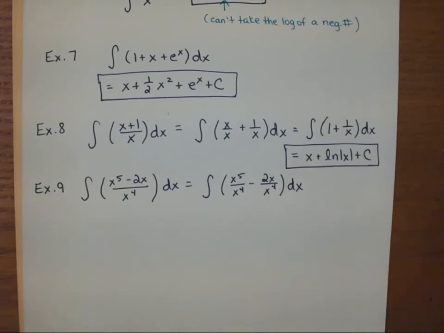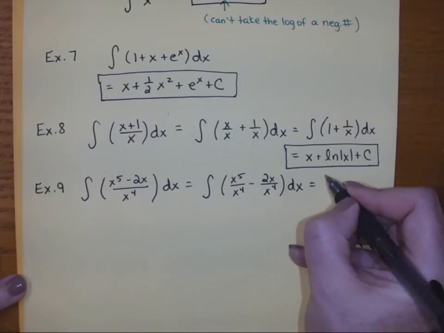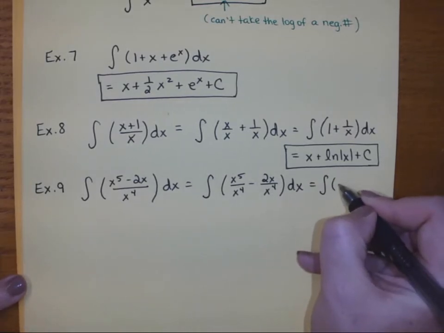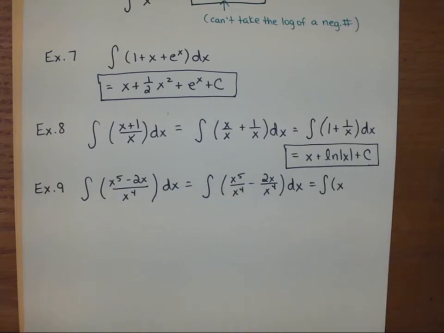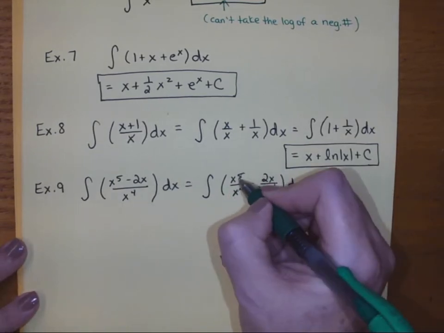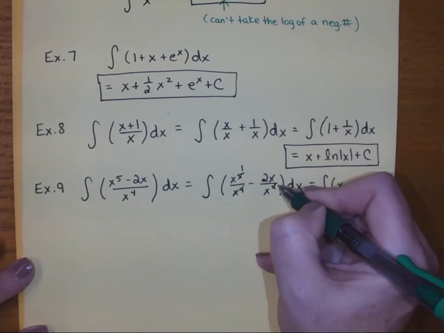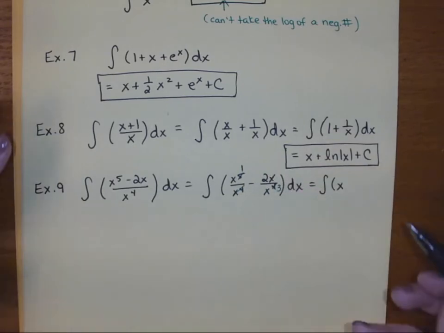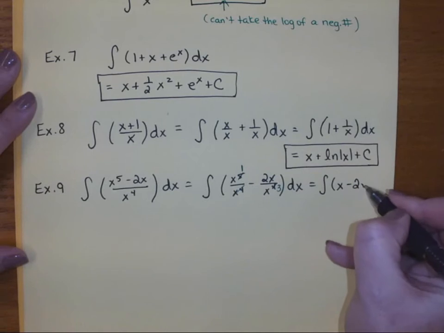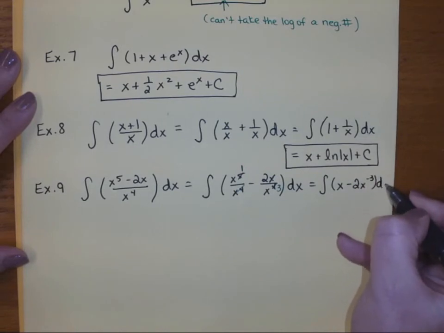And I'm careful to do my notation every time. So if I work this out, this is going to be the integral of x to the 5th, this would go away, leaving 1 here. Here, this would cancel, leaving a 3, right? So how am I going to rewrite that? This would be minus 2x to the -3.